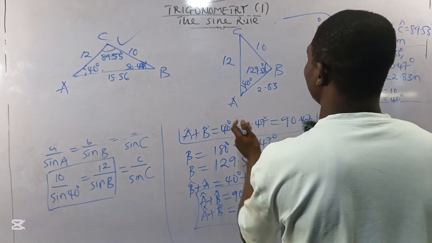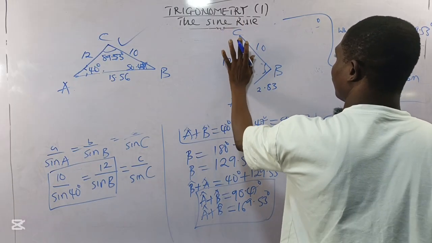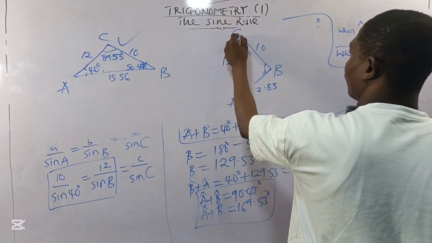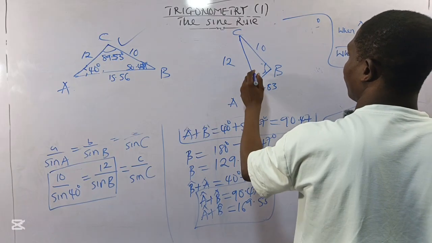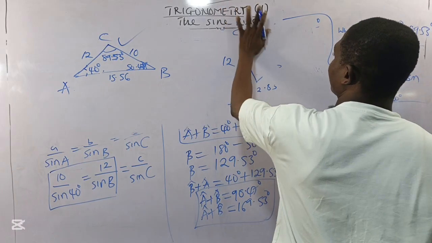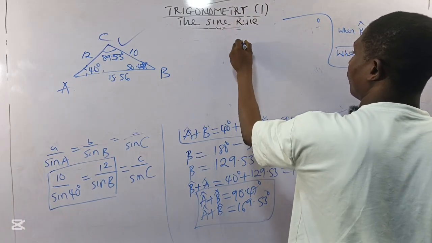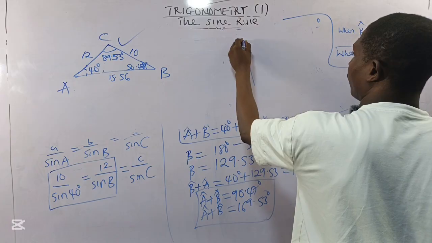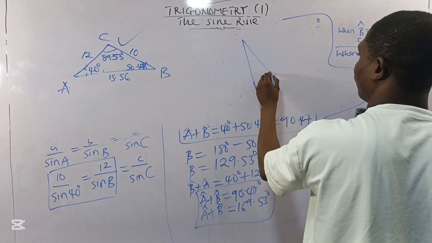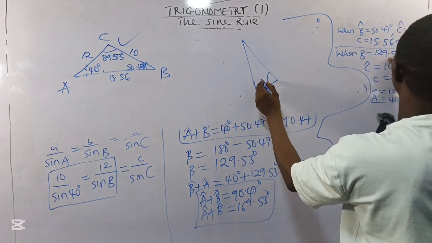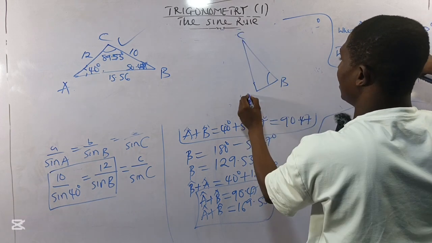I have to enclose it a little more. So this is my angle B, and this is my C, and this is my A.